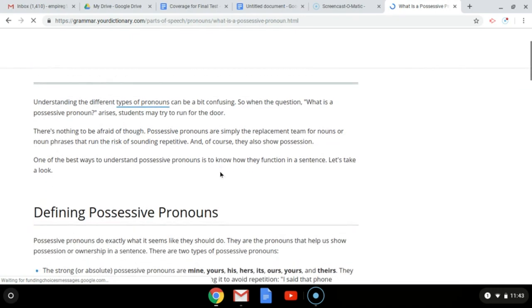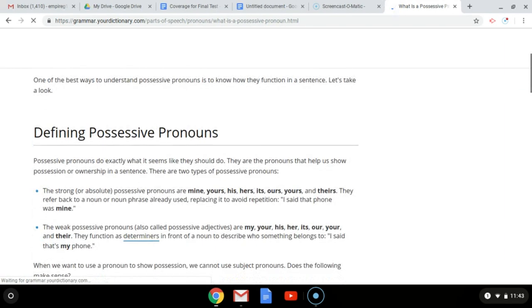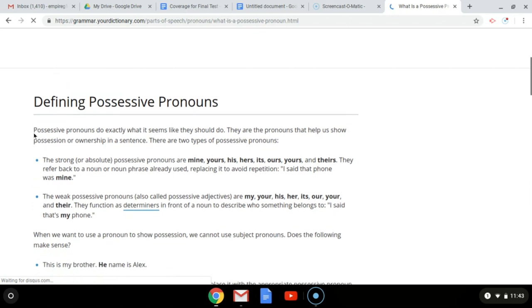Possessive pronouns do exactly what it seems like they should do. They are the pronouns that help us show possession or ownership in a sentence. There are two types: the strong and the weak possessive pronouns.